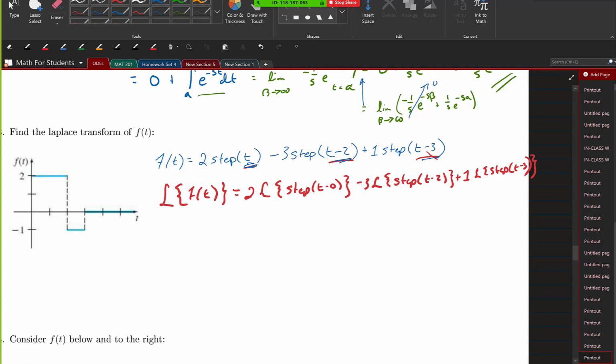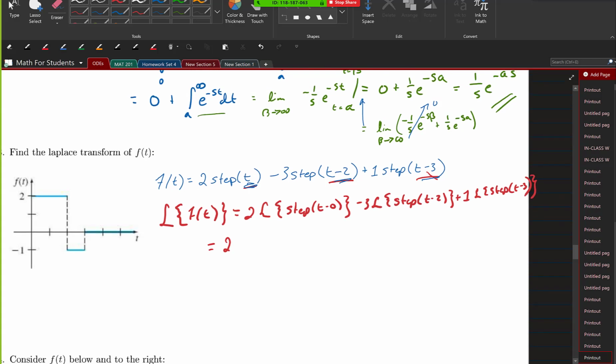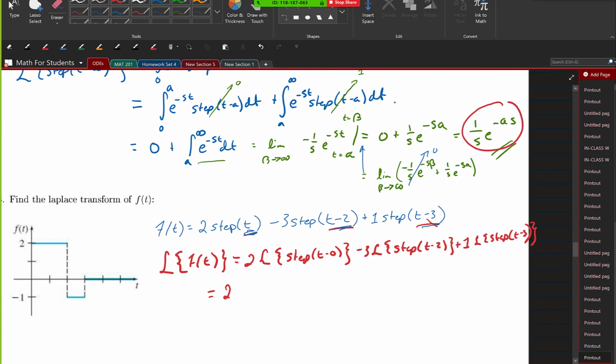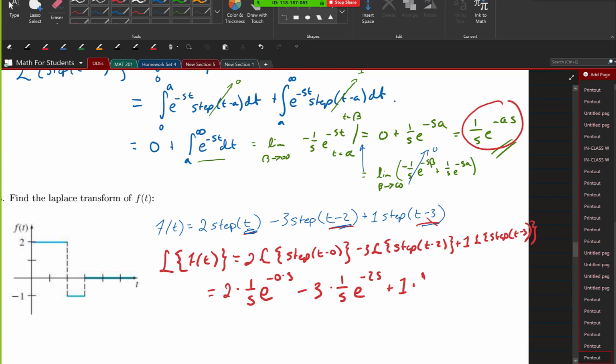So what does that give us? Well, we just saw in the previous example how to compute the Laplace transform of the step function. It's whatever your step is, whenever you turn it on. So this is going to be 2 times 1 over s, and I'm just going to emphasize this by writing e to the minus 0 times s, minus 3 times 1 over s, e to the minus 2 times s, plus 1 times 1 over s, e to the minus 3 times s.